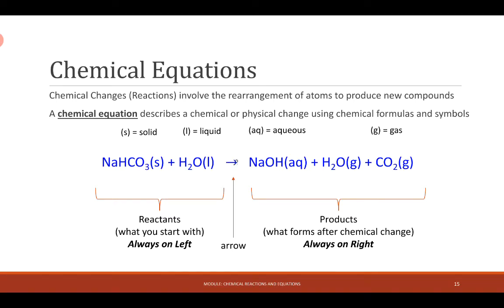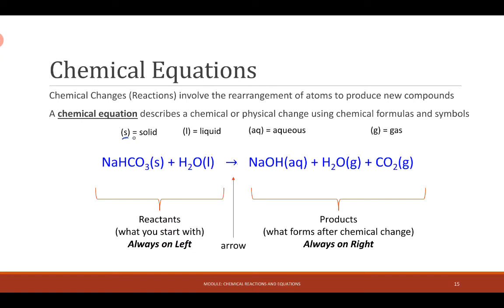This arrow separates the compounds we started with, the reactants, from the products. And again, these products could be written in any order. I could put the carbon dioxide first, I could put the water first, that doesn't matter. What matters is that all of the products are on the right side of the arrow.